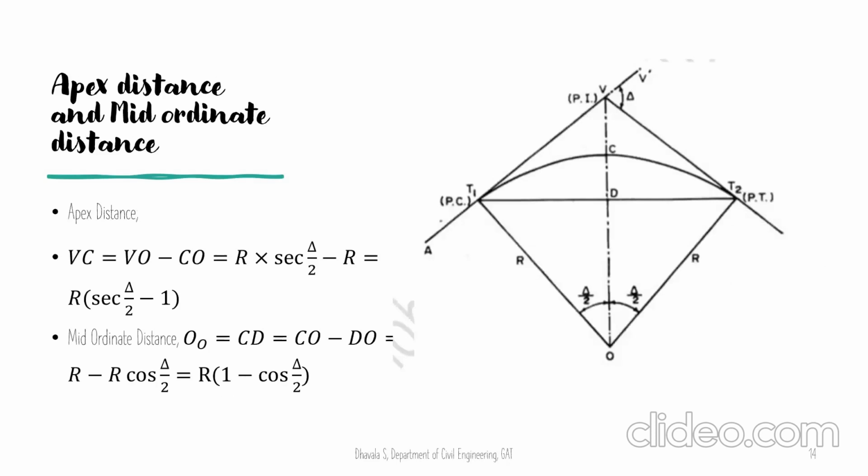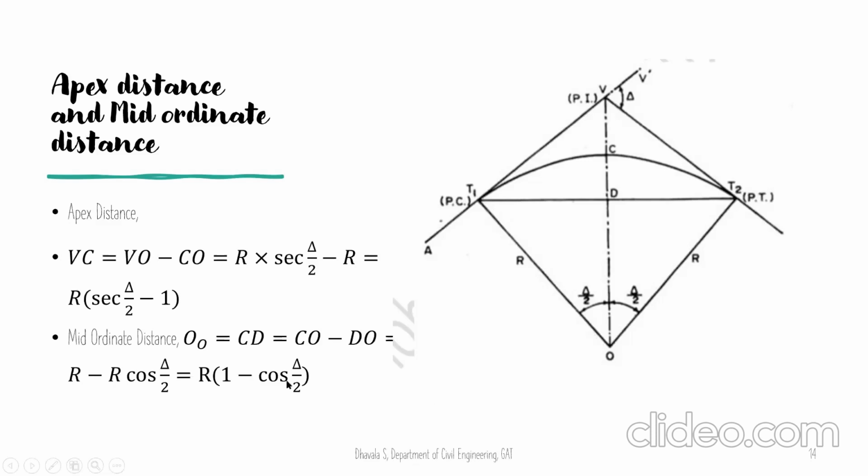Coming to the next 2 components, it is called apex distance and mid-ordinate distance. Apex distance is the distance VC, that is from the point C to V. That can be written as total distance VO minus CO. CO is nothing but the radius of the curve. The distance VO can be found out using VT1O triangle using secant theta formula.